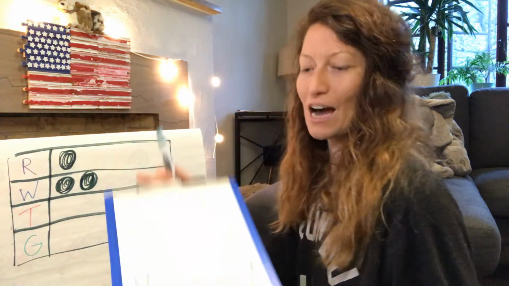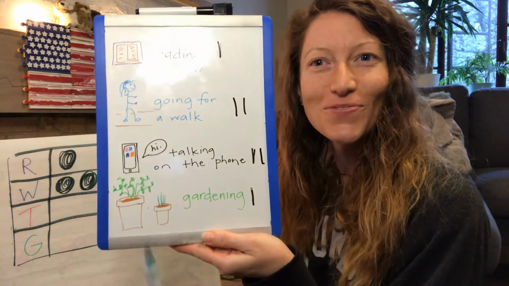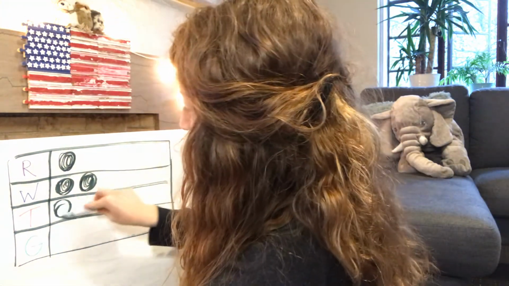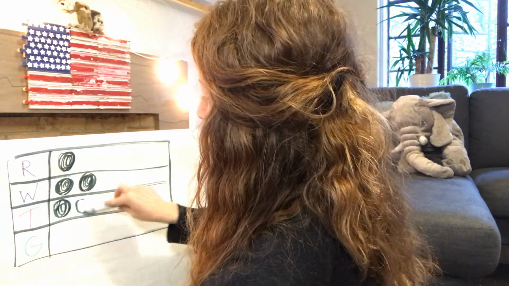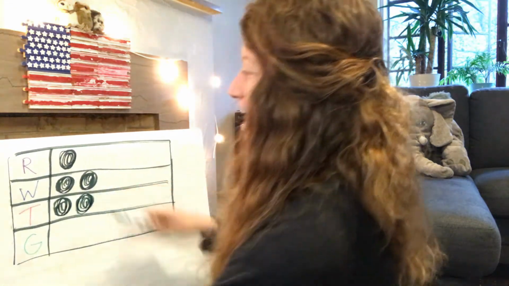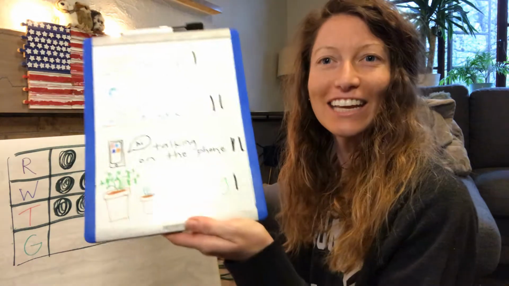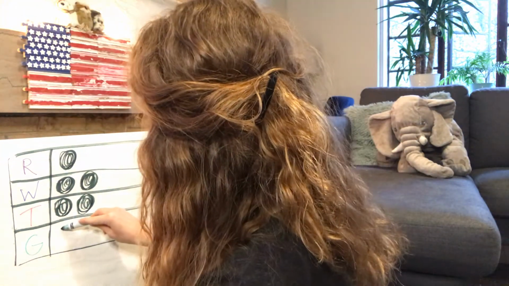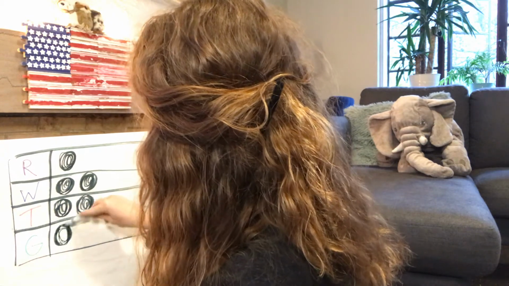All right, let's see. How about talking on the phone? Talking on the phone. 2 votes for talking on the phone. 1, 2. And what about gardening? Gardening. 1 vote for gardening. Okay, let's see.